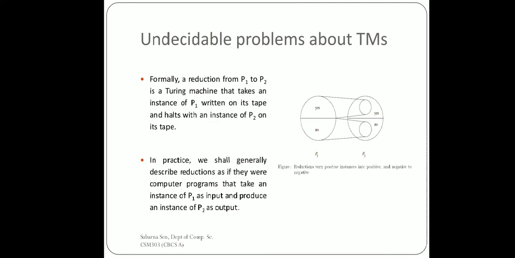Now formally, a reduction from P1 to P2 is a Turing machine that takes an instance of P1 written on its tape and halts with an instance of P2 on its tape.